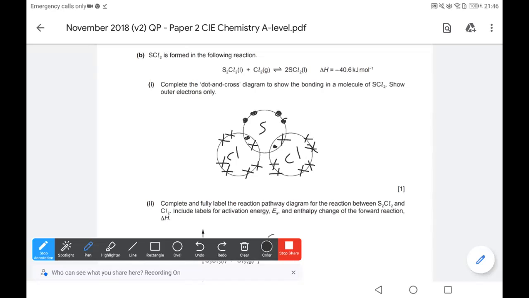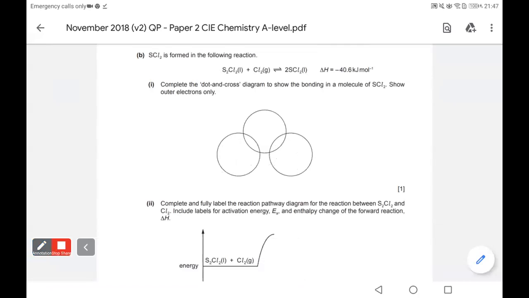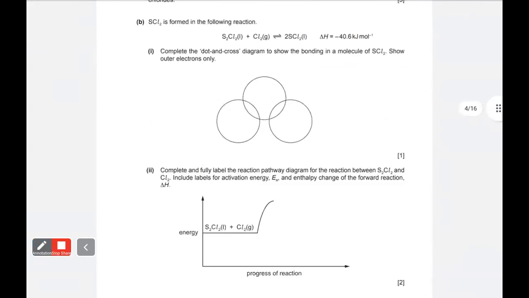Then complete and fully label the reaction pathway diagram for the reaction between S2Cl2 and chlorine. Include labels for activation energy and enthalpy change of the forward reaction, delta H. This is always there.